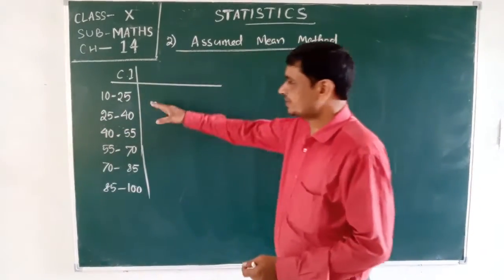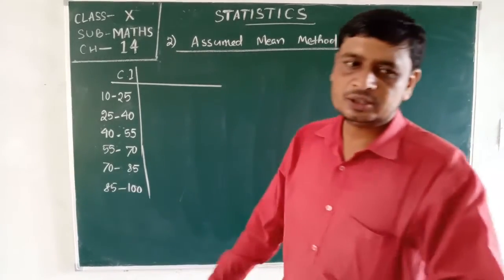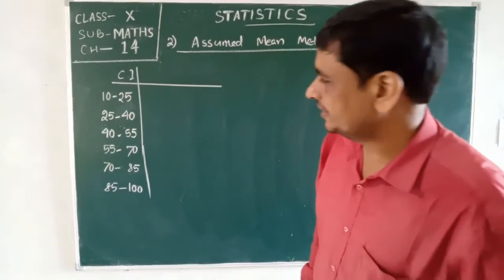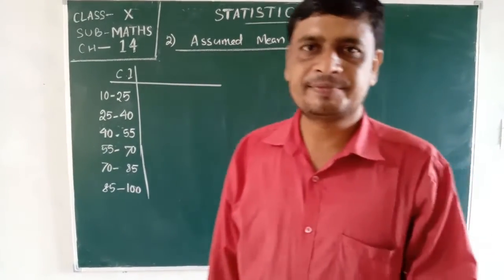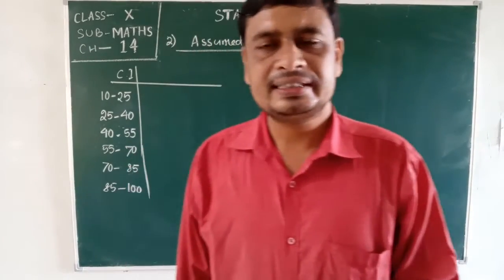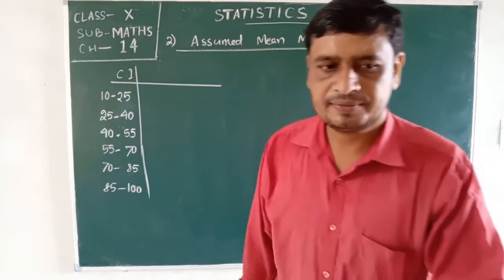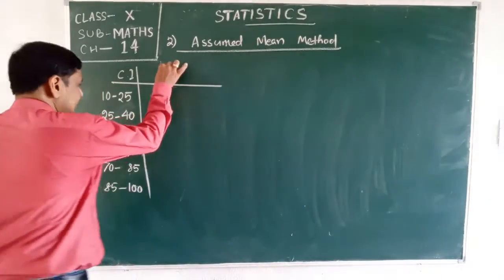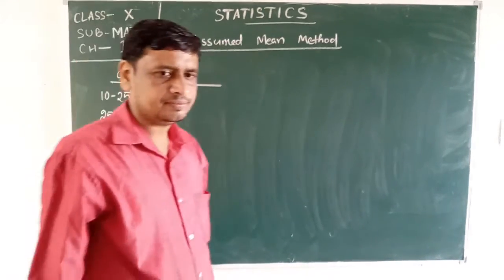The class intervals are 10 to 25, 25 to 40, 40 to 55, 55 to 70, 70 to 85 and 85 to 100. Each of the classes are equal in size. The class widths are equal for all the classes.